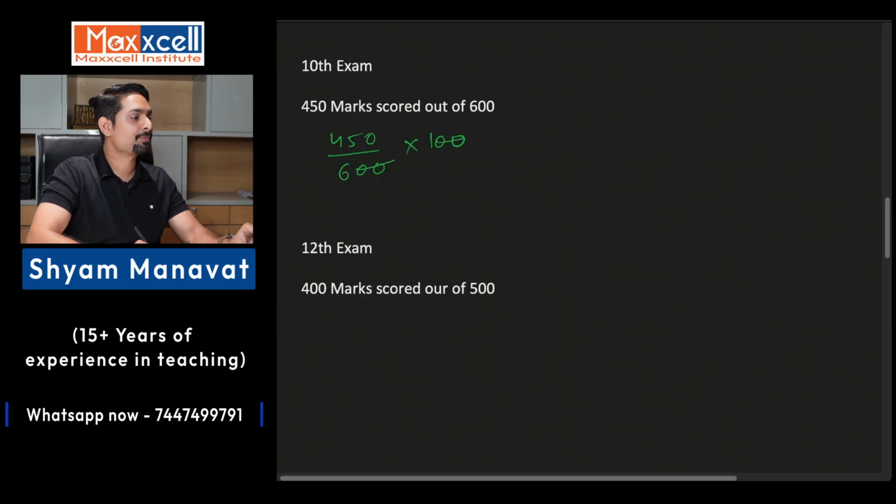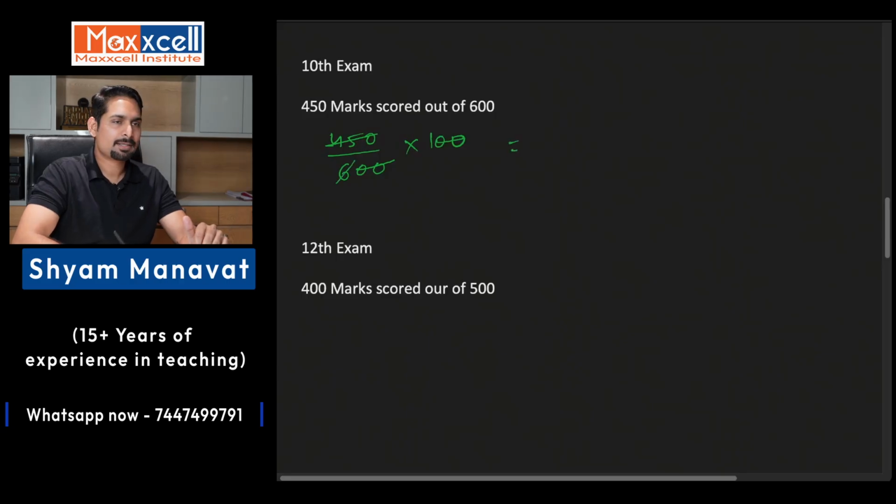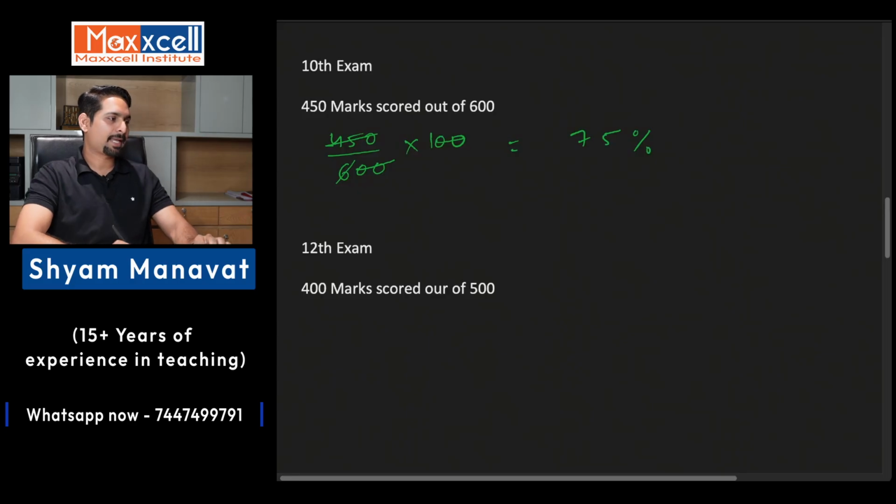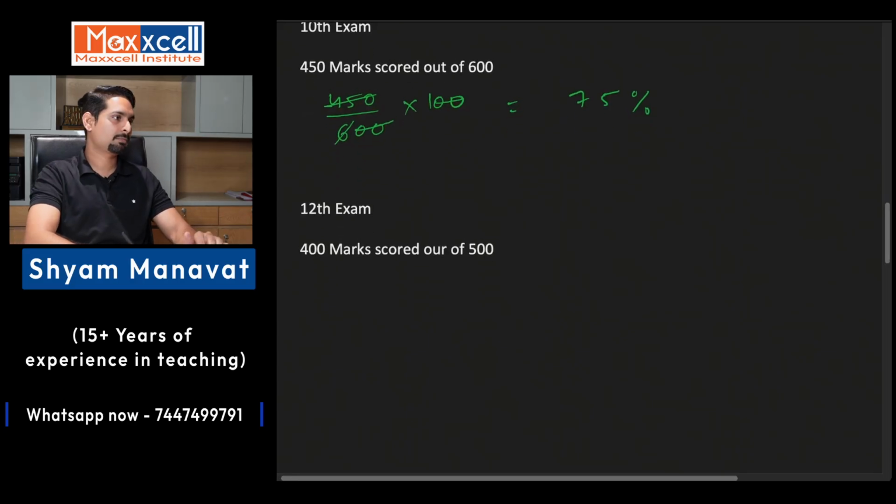Cancel this, you have these cancellations, so I'll go with 6 here. 6 sevens are 42, and then you have 3 here, so that is 5s are, and that's where you scored 75%, right? Correct. And in your 12th exam, how much percentage did you score? Can you calculate and tell me?